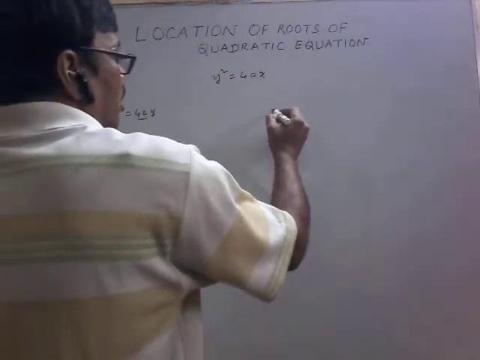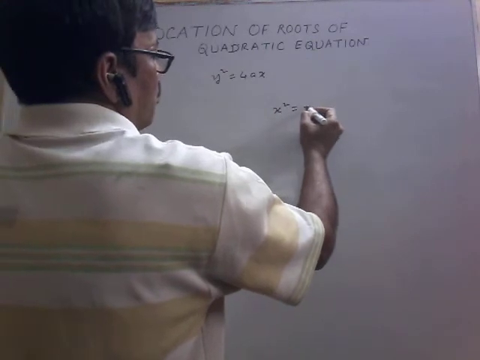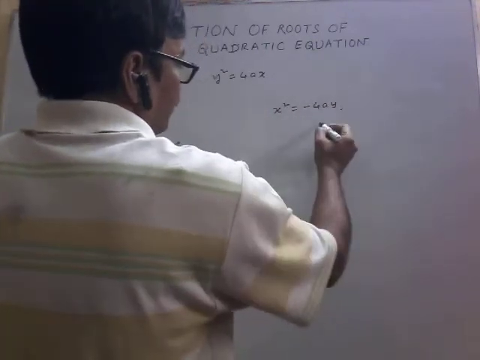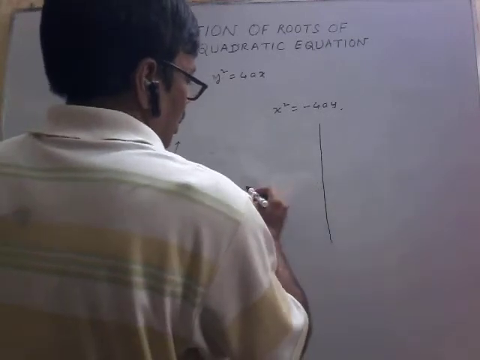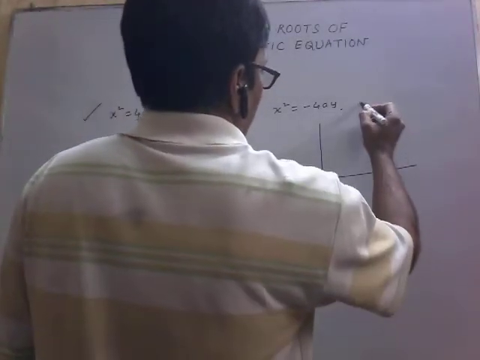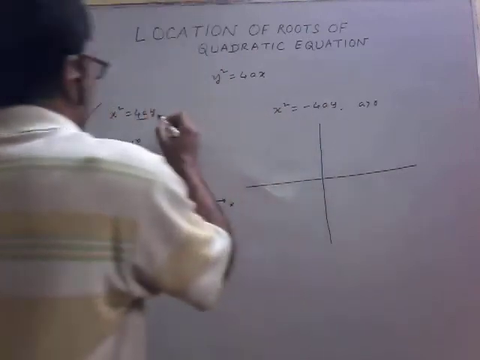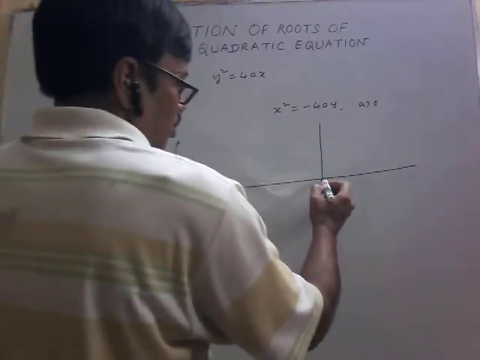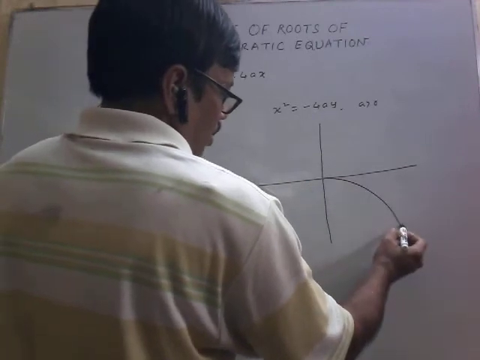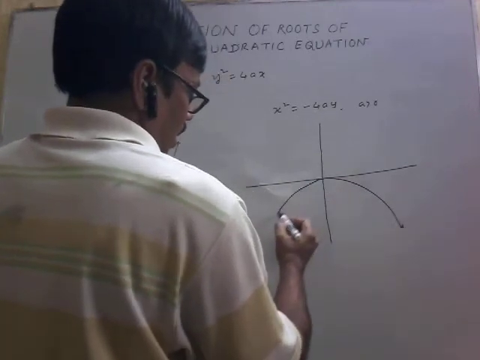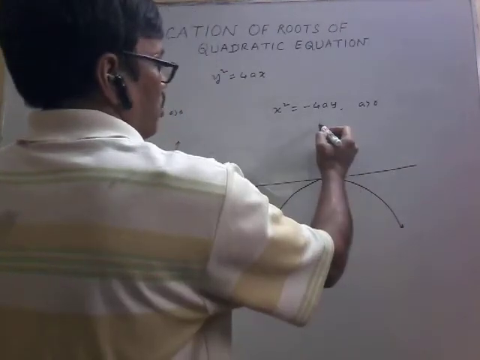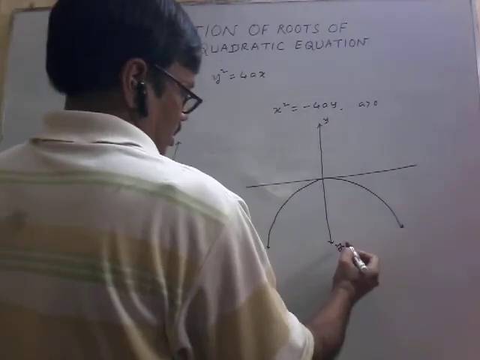So x square equals minus 4ay. Look, here a is obviously positive. Here a is also obviously positive. So if we draw this, we get a parabola like that, symmetric about y-axis.